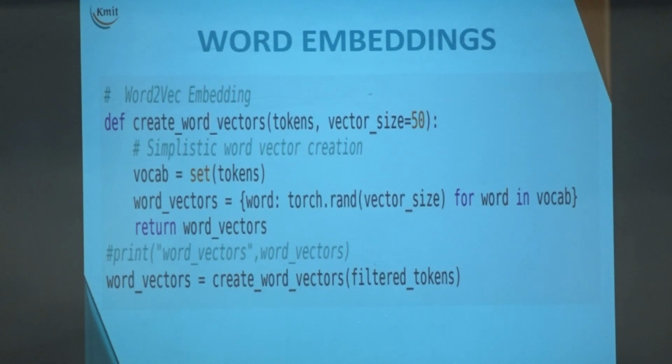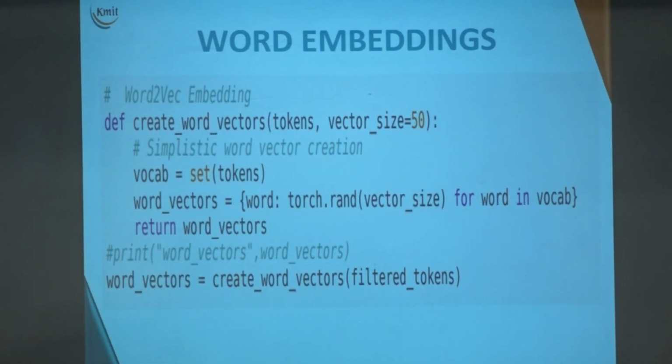Word vector is the dictionary that we are creating, wherein the word is the key, and the value is torch dot rand with vector size in the brackets. Vector size we have fixed as 50, so randomly generated vectors of size 50 will be created and assigned to your tokens. They will be random in nature, automatically generated of size 50.